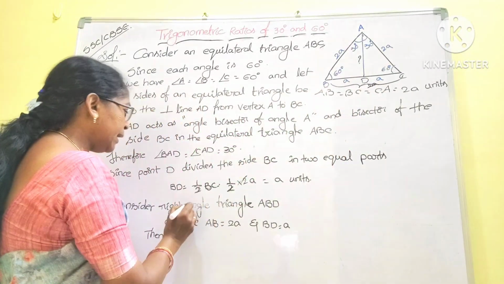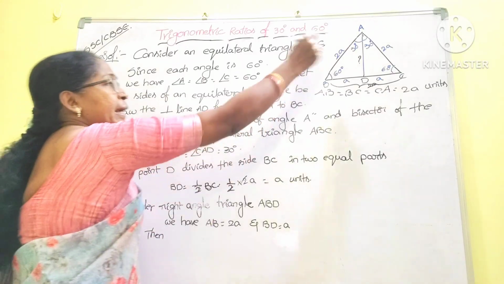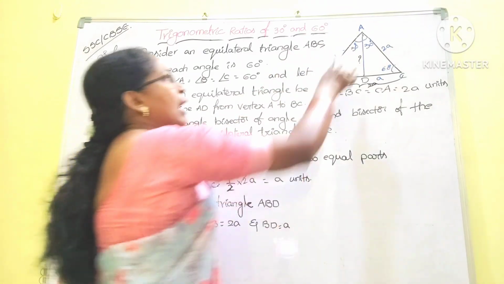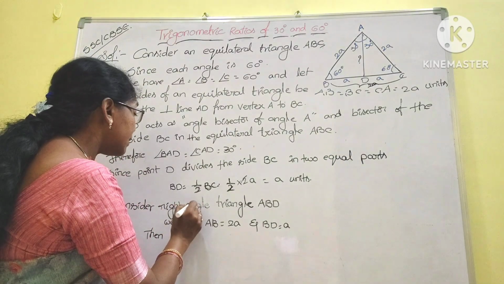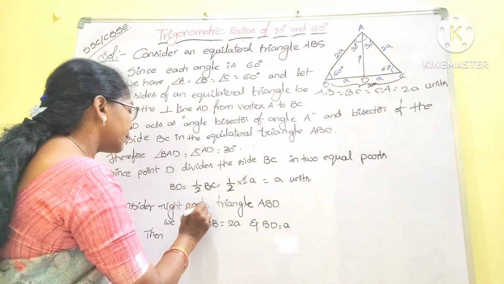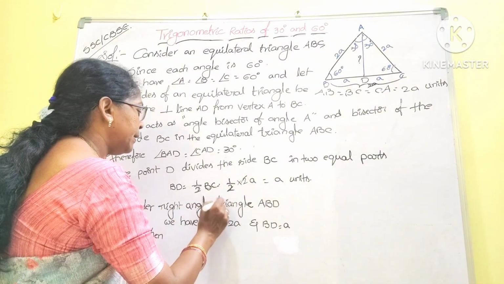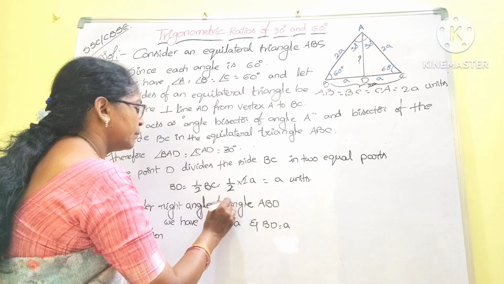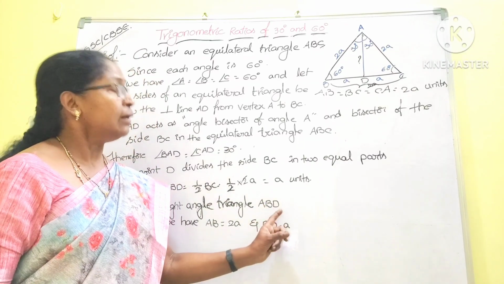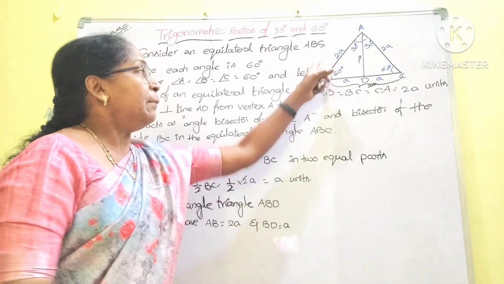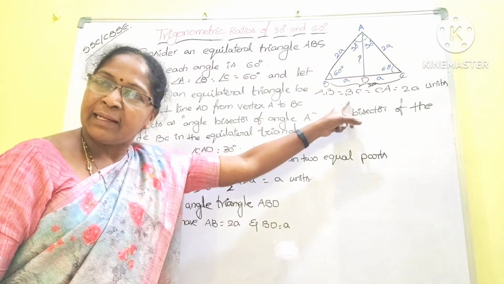ABC is an equilateral triangle and ABD is a right angle triangle.